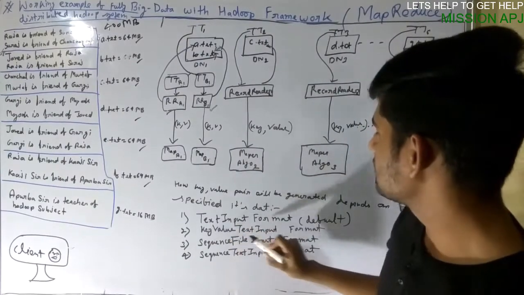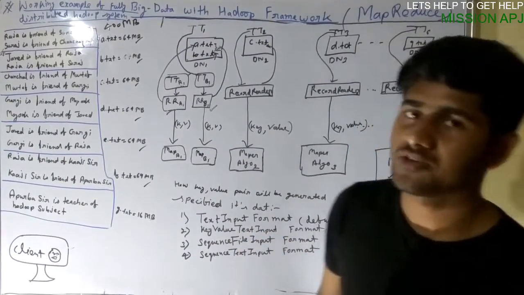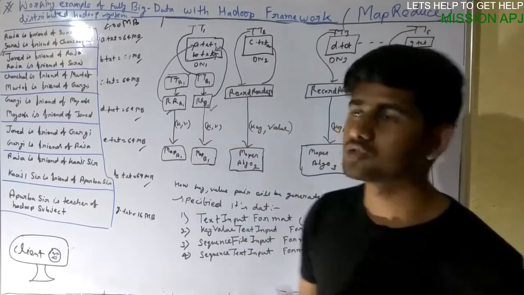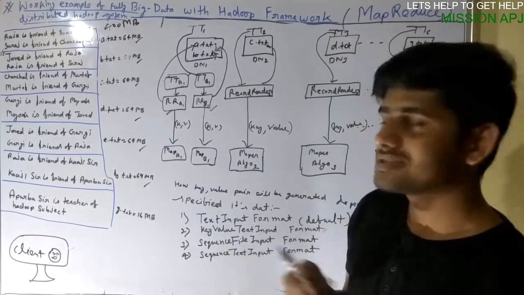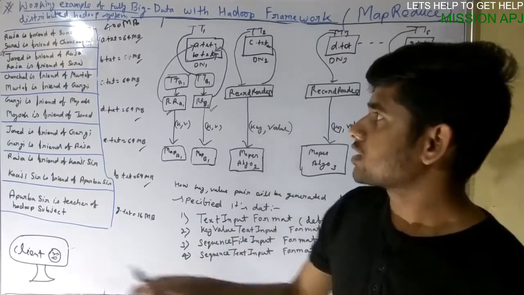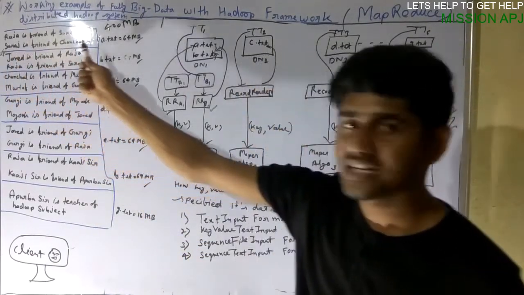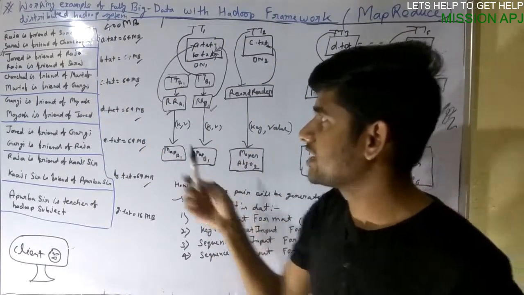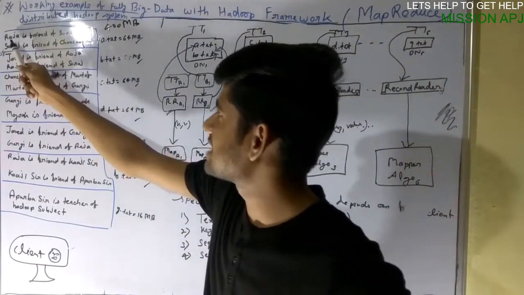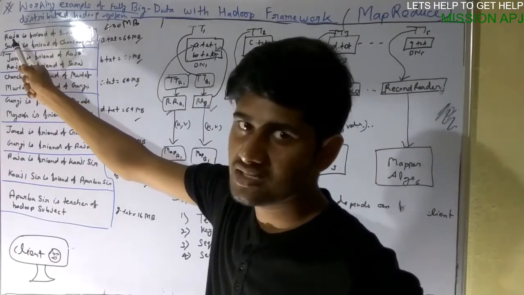But suppose key value text input format is the file type specified by the client, then how will the key comma value pair be generated? Again it is in a different fashion. The record reader will start reading the line. It will start to read from here. Suppose Raja has been written, then there is a space.